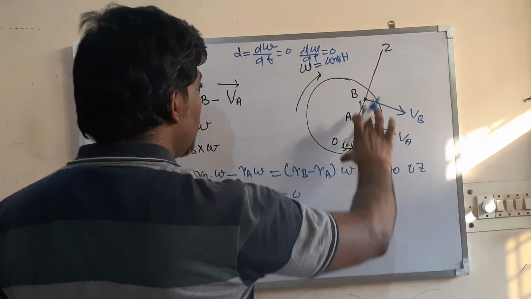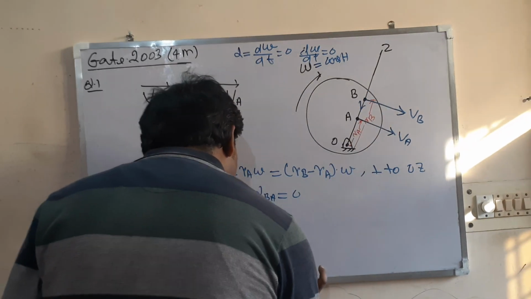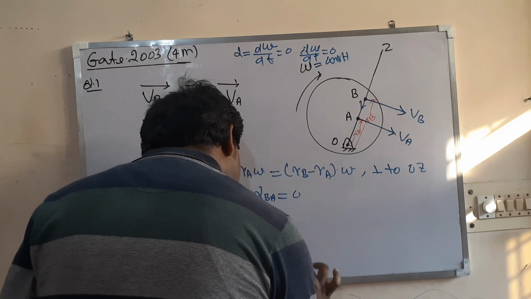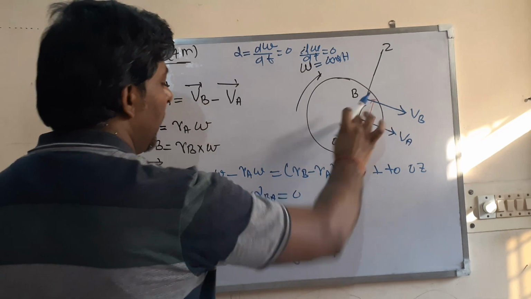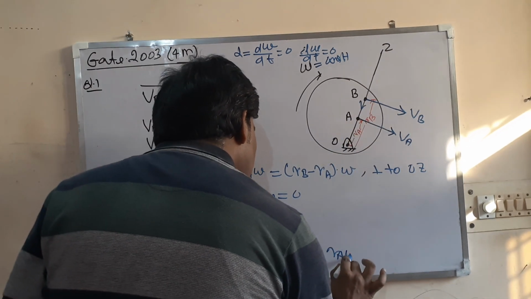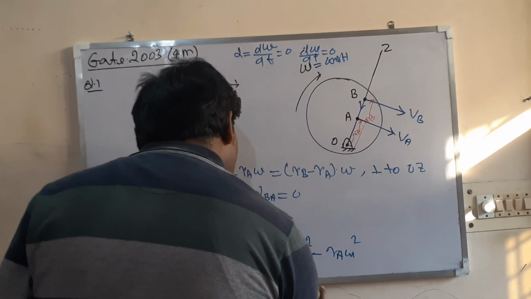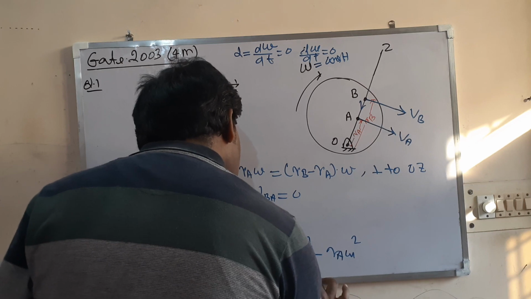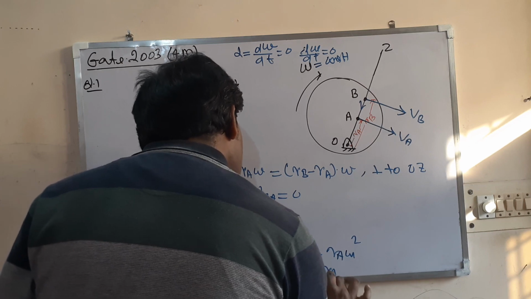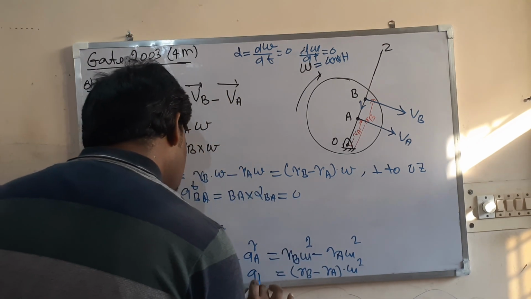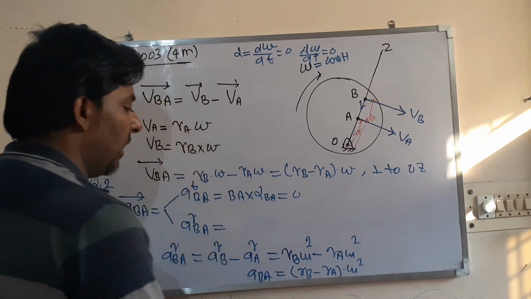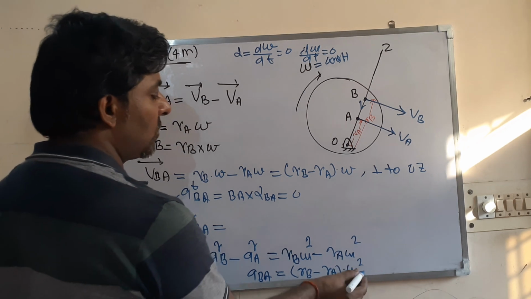This point B is at a radius of RB, so RB into omega square. For A the radius is RA, so RA into omega square. So how much are you getting? RB minus RA into omega square. So the acceleration of B with respect to A will be RB minus RA into omega square.